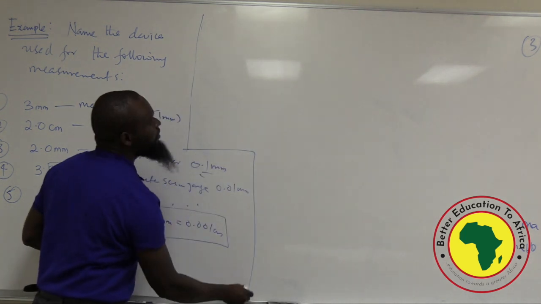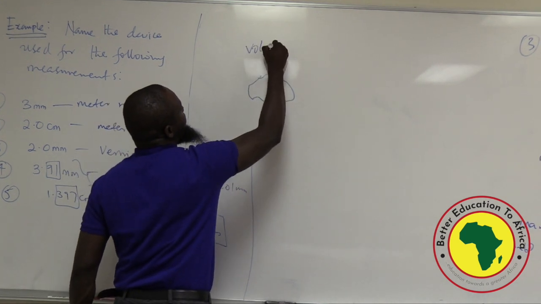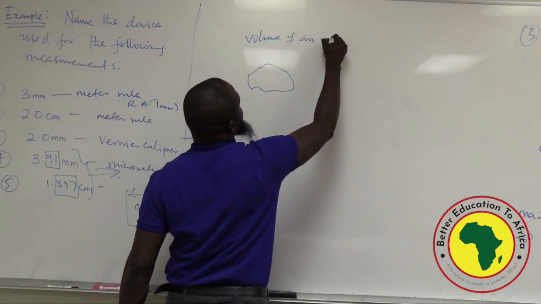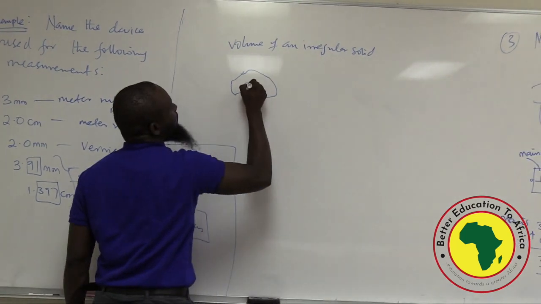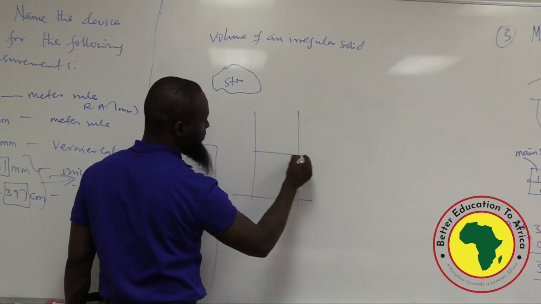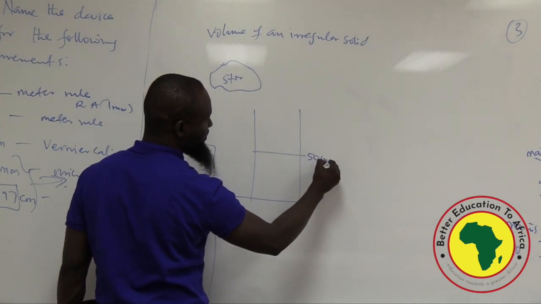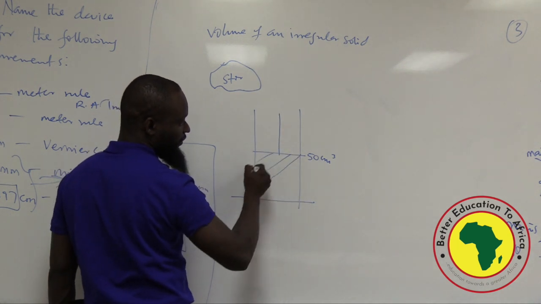Now, if I want to measure the volume of an irregular solid, like a stone, one way is to get a calibrated measuring cylinder. Say it holds 50 cm³ of water or fluid.